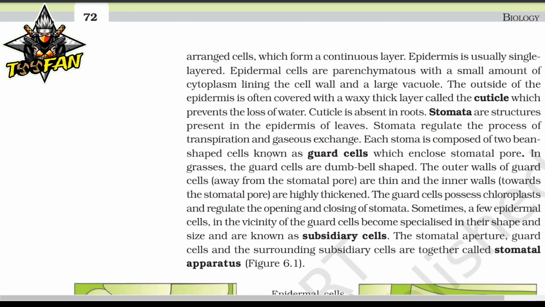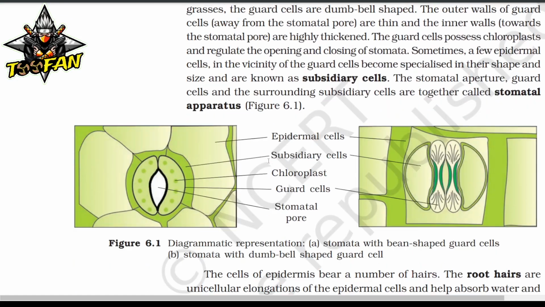The guard cells possess chloroplasts and regulate the opening and closing of stomata. Sometimes a few epidermal cells in the vicinity of the guard cells become specialized in their shape and size and are known as subsidiary cells. The stomatal aperture, guard cells and the surrounding subsidiary cells are together called the stomatal apparatus.